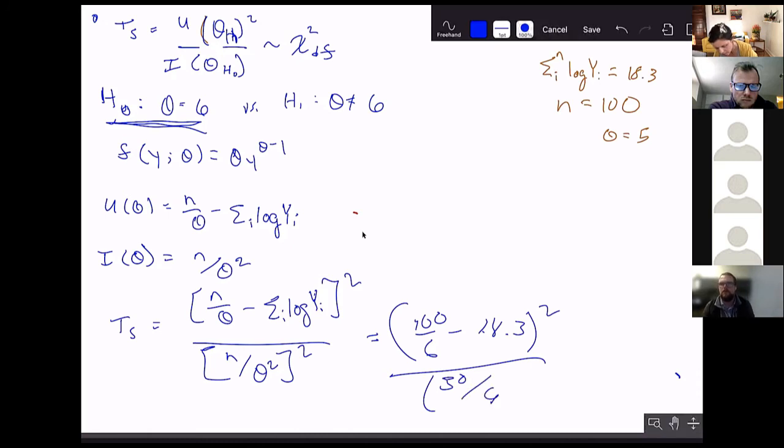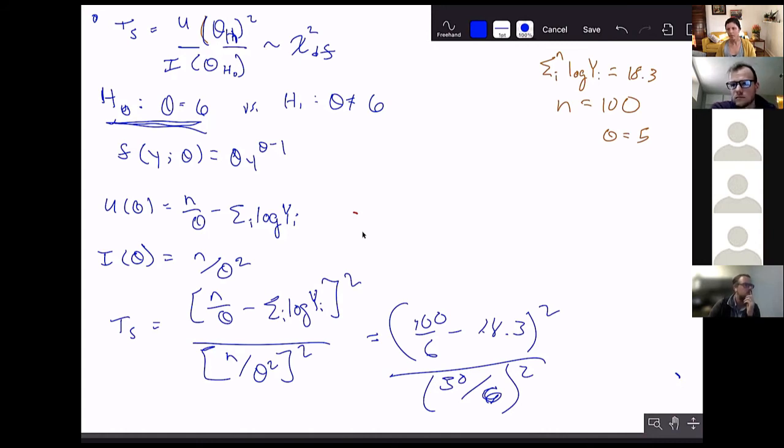Though I'm guessing it would be helpful to talk through where you might be having difficulties. You're saying you're not getting it in a form where you can plug in. I think I might have gotten either my score function or something wrong.